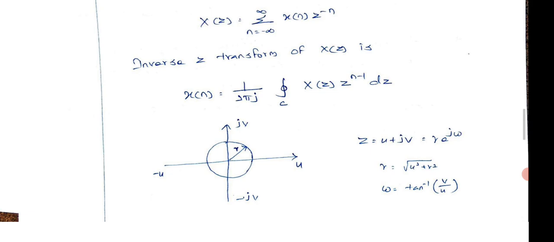So we get r is equal to modulus of z, which is equal to the square root of u square plus v square, where omega is the phase angle. The phase angle is equal to tan inverse of imaginary part divided by real part. Here the imaginary part is v and the real part is u, so omega is equal to tan inverse of v by u.